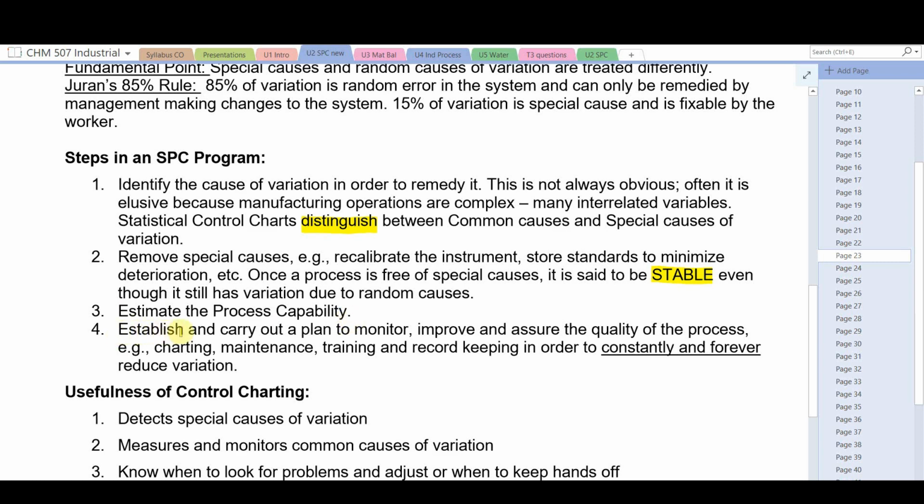Step 4, establish and carry out a plan to monitor, improve, and assure the quality of the process. For example, charting, maintenance, training and record keeping, in order to constantly and forever reduce variation. That is the mantra of all the SPC gurus, constantly and forever reduce variation.